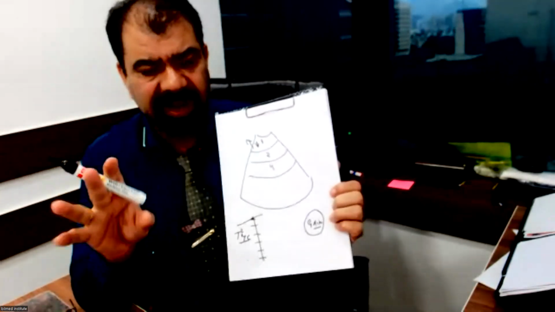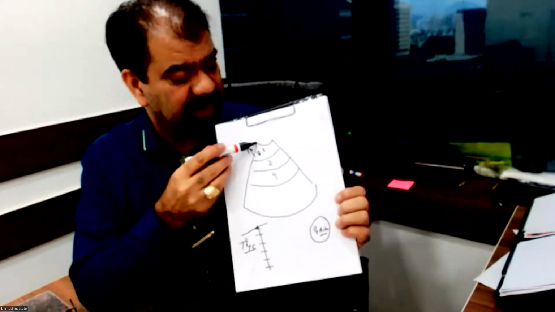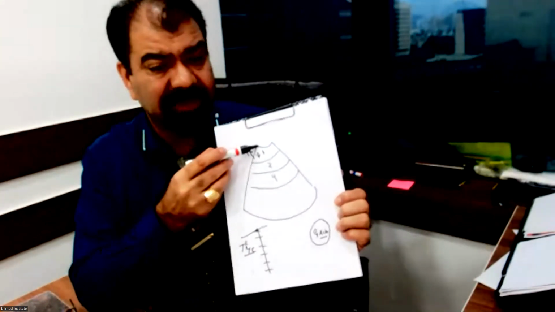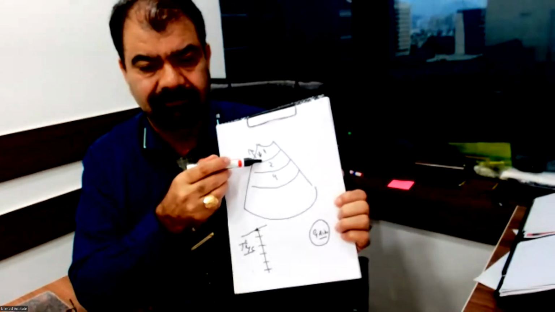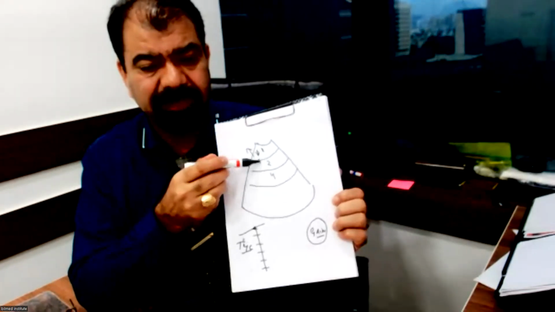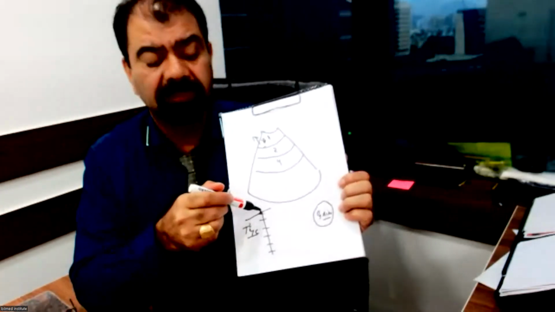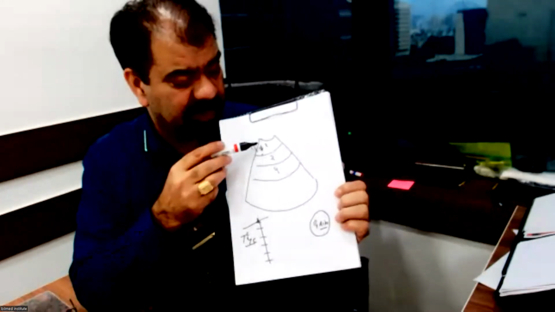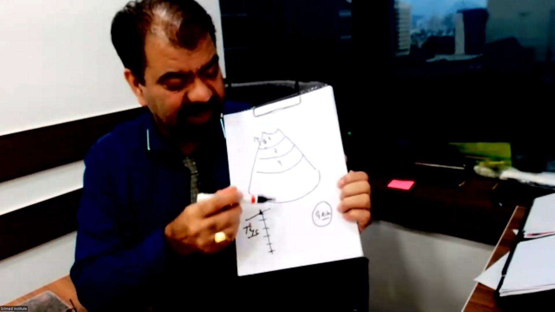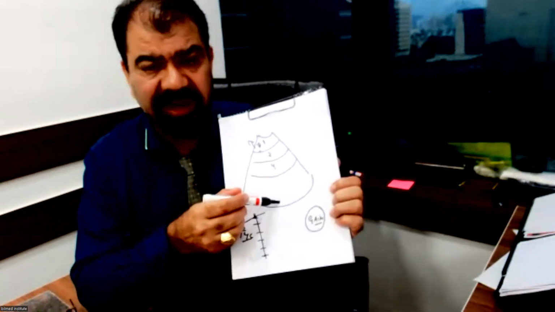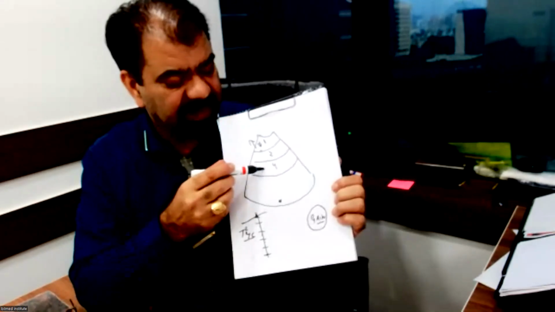So the point is, whenever I want to adjust the gain of a specific area, I have to move the slider: the first slider for the top, the bottommost slider for the lowermost area, and in between are these areas.